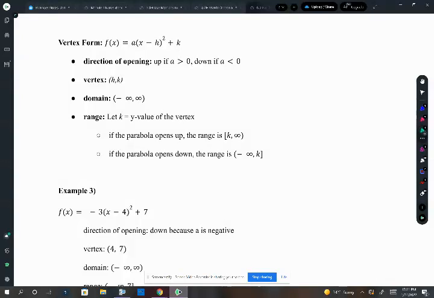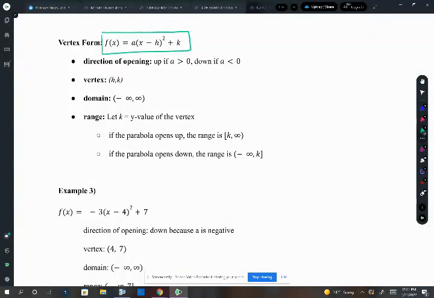But the main idea here is we want to make sure that you can look at a quadratic in vertex form and figure out which way it opens, what the vertex is, what your domain and range is, and really, if you know one other point, like if you plug in 0 for x, then you can find your y-intercept and then you have enough information to graph.